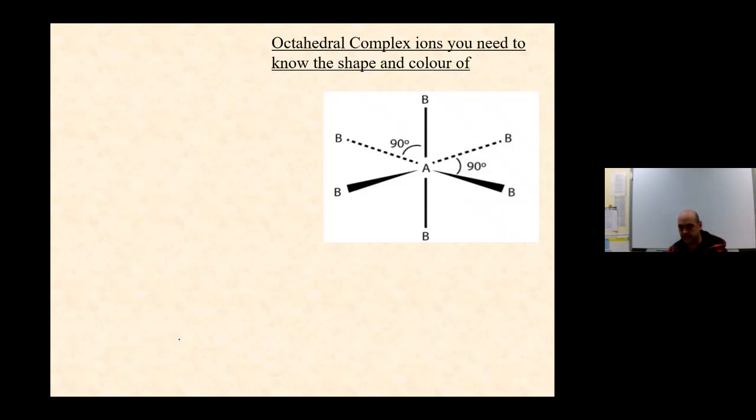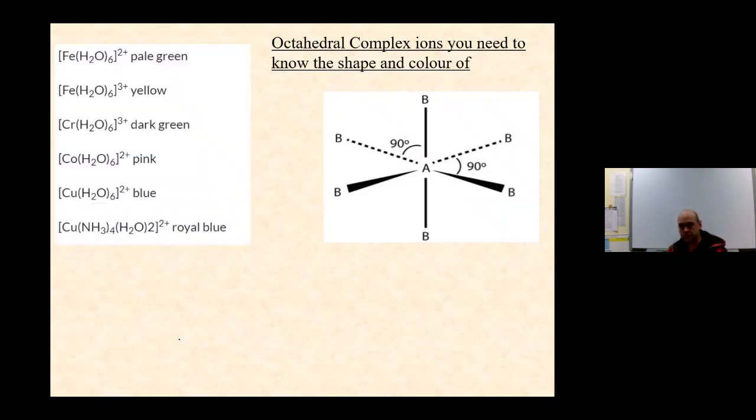It's 90-degree bond angle. And what I've done here for you is I've just got an image. Again, this has come directly off the blended learning. And you can see here, you've got your complexes. You've got the iron 2 and the iron 3. We've got some chromium complexes, some cobalt, and some copper complexes.